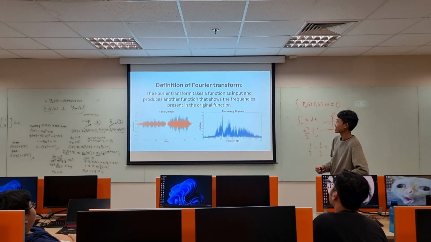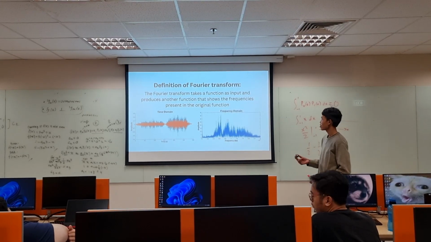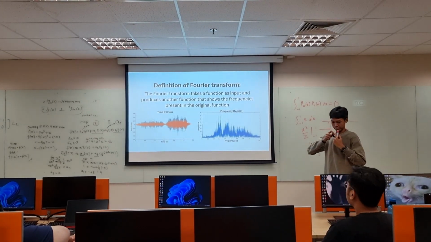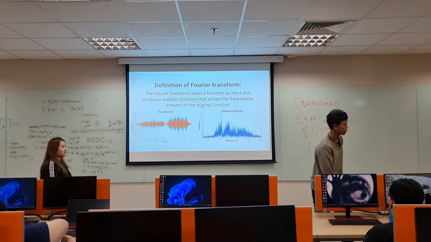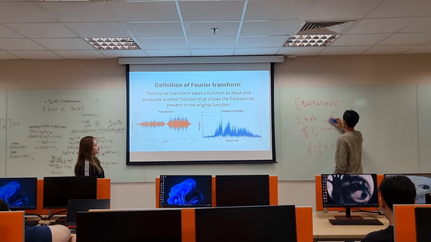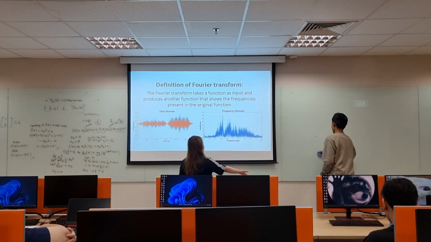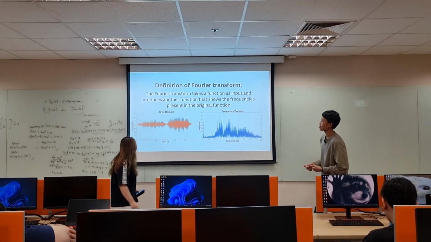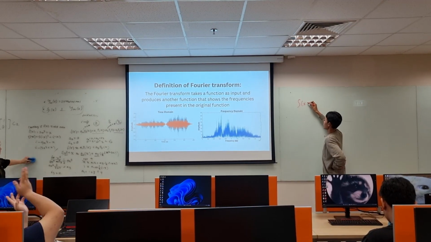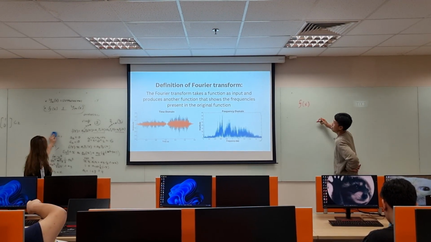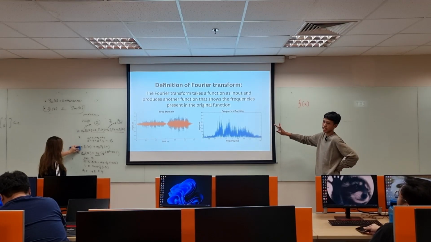Okay. Yeah. So basically the Fourier transform, the definition. So the Fourier transform takes a function as an input, let's say f(x), and then produces another function that shows the frequencies present in the original function.